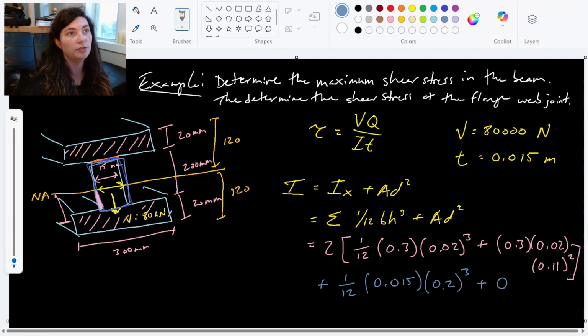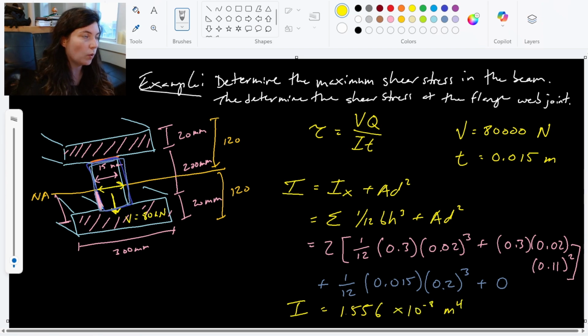But this would be our full moment of inertia that we would just punch into our calculator. So if I put this whole big thing into the calculator, I get a moment of inertia of 1.556 times 10 to the negative 8th meters to the 4th.